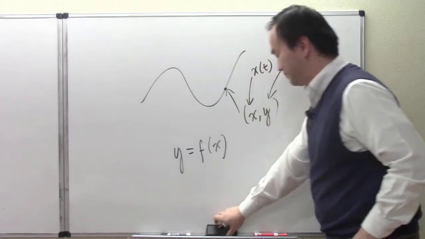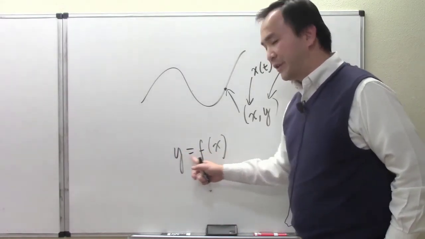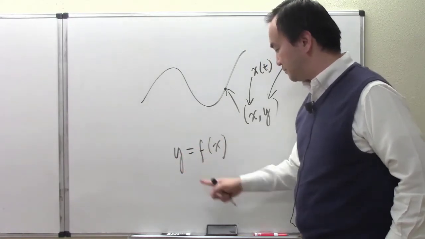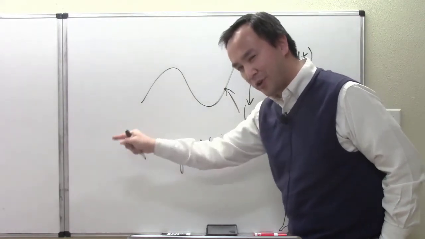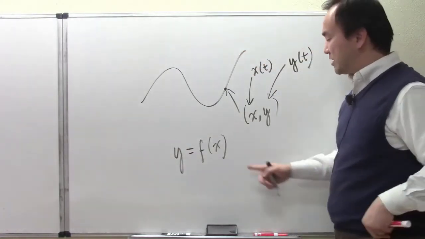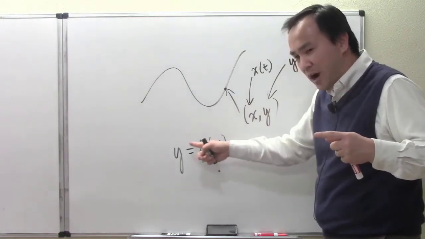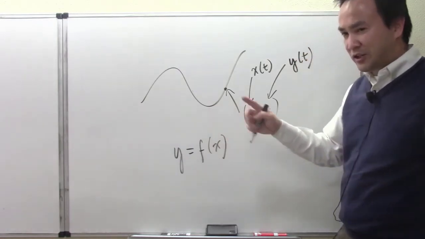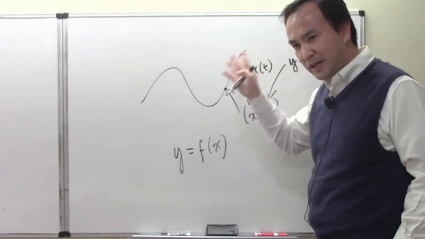Now, ladies and gentlemen, if x and y are related as a functional relationship, y equals f of x like this, keep in the back of your mind that y is a function of t already, and x is a function of t already. Whether we know x of t or y of t explicitly or not, that's not important. Assume we just know that it's some function, but completely implicit for us.